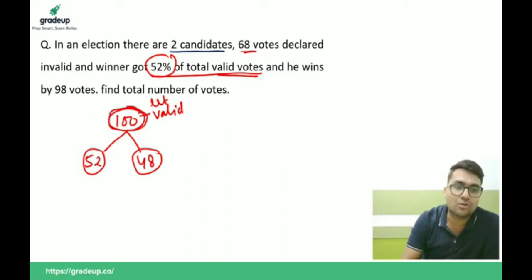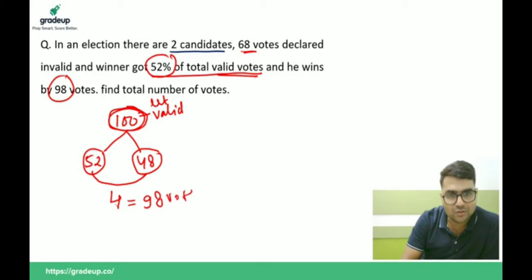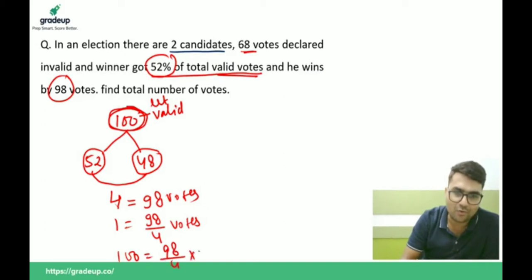So he wins by 4 votes, and in this question he wins by 98 votes. So 1 is equal to 98 by 4 votes. So 100 is equal to 98 by 4 into 100, which is 98 into 25.